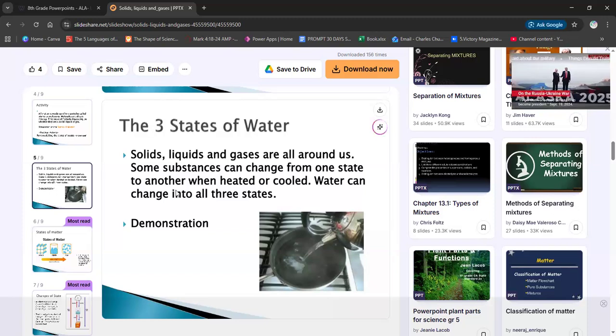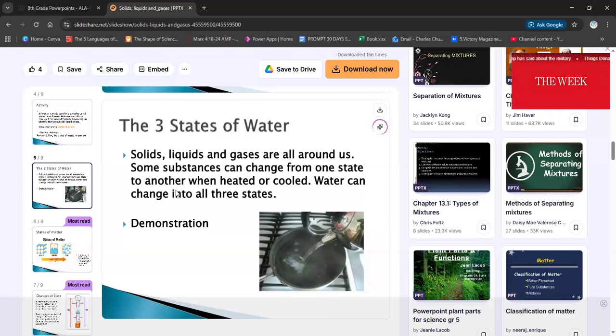I'm not sure. So the truth is this: if you drop the temperature, and when I say drop the temperature, I mean really drop the temperature, you can actually get liquid from what was a gas. And if you keep dropping the temperature, that liquid will eventually become a solid.